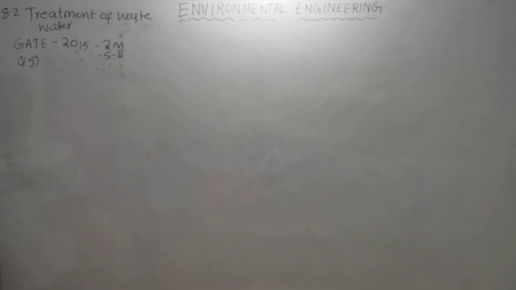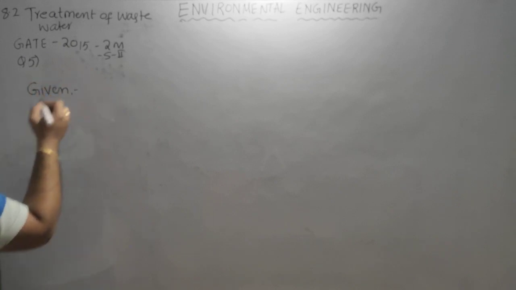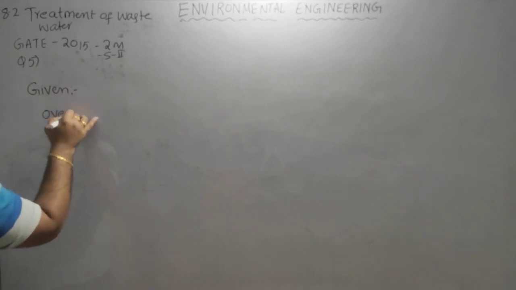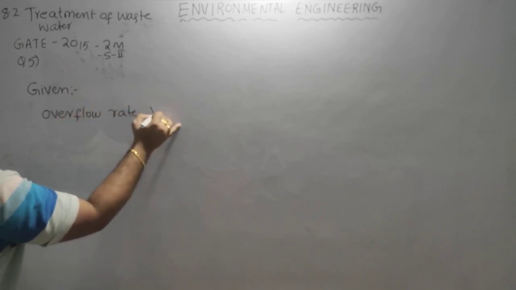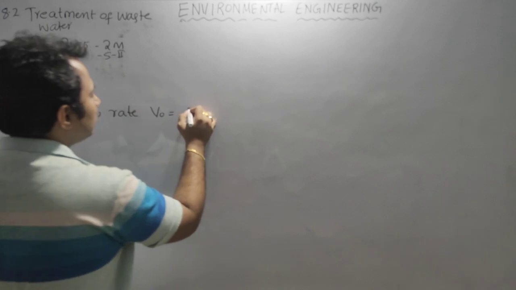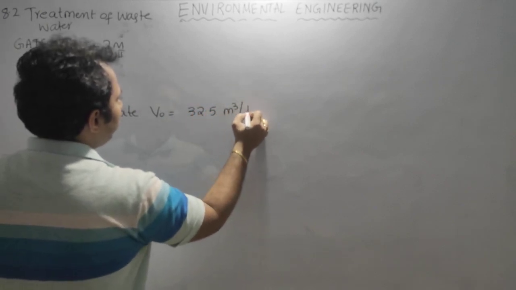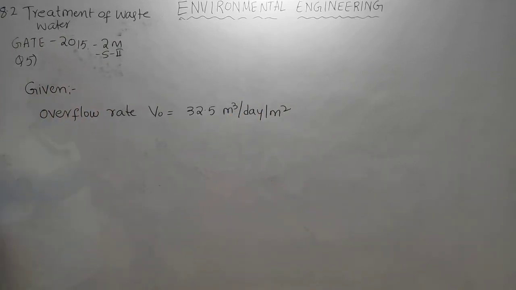So here what is the given data? V naught, the overflow rate, is equal to 32.5 meter cube per day per meter square.